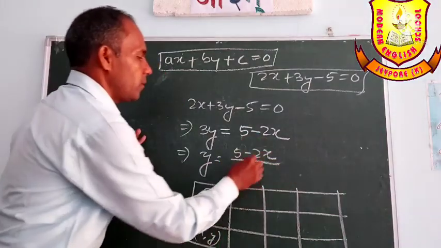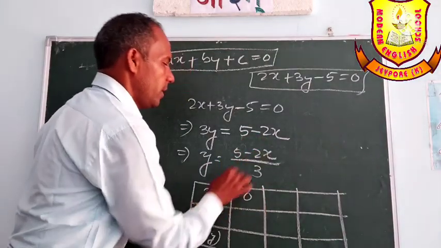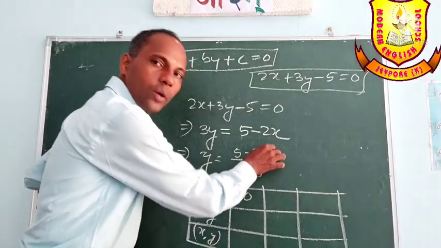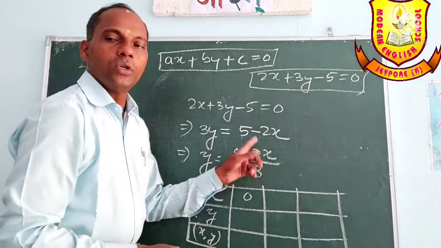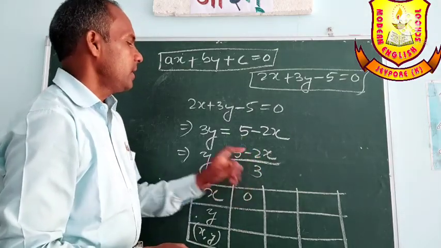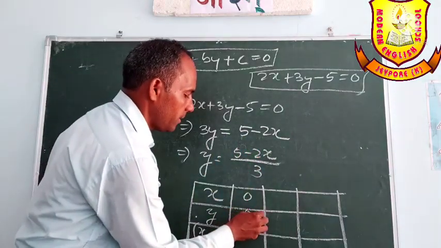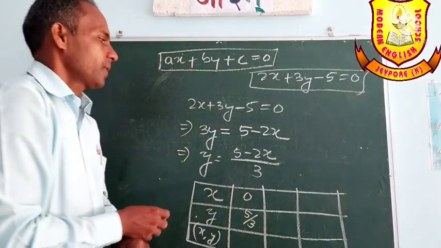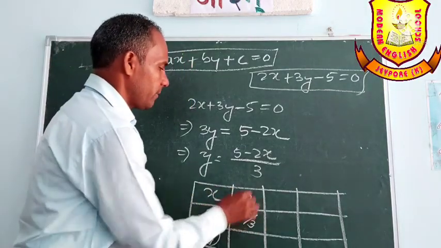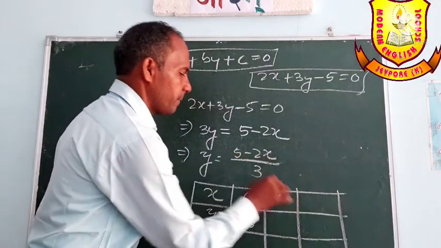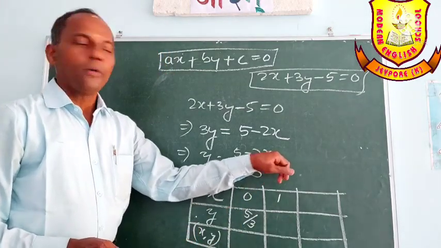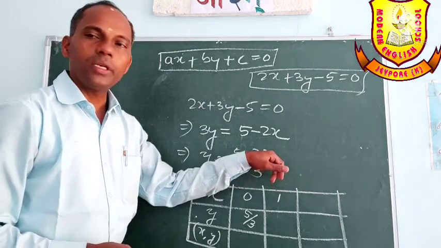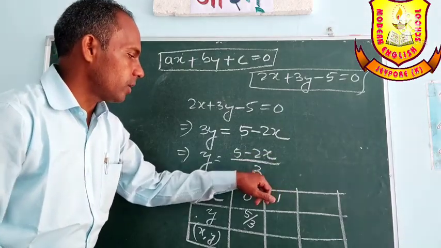If we put x equal to 0, 2 into 0 equal to 0, 5 minus 0 equals 5, divided by 3. This is 5 divided by 3. If we take x as 1, 2 into 1 equals 2, 5 minus 2 equals 3, 3 divided by 3 equals 1.